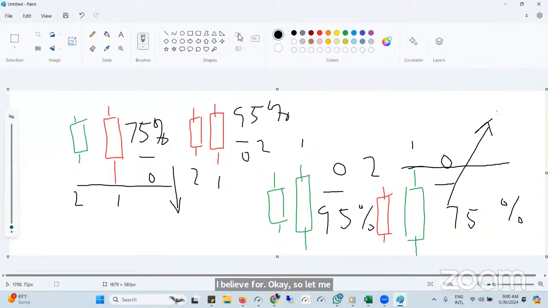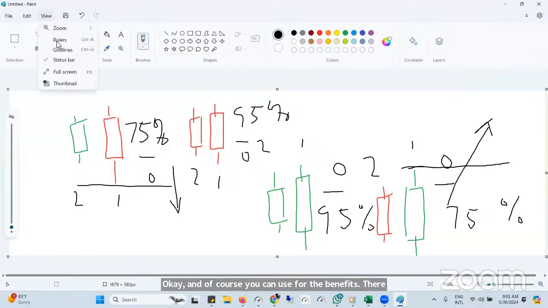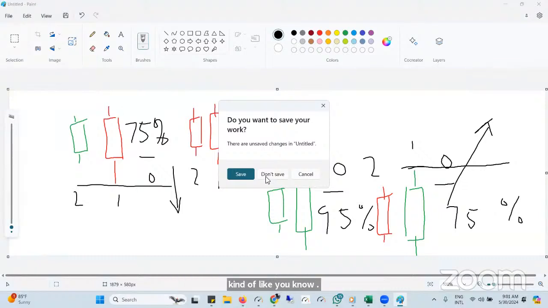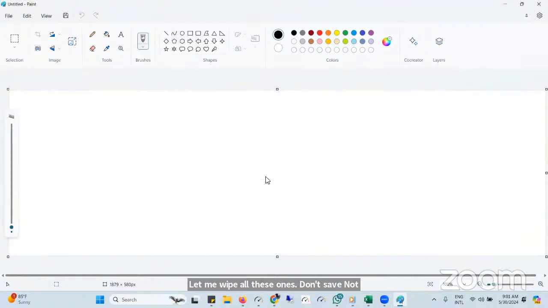Let me wipe the screen. I hope you understand this one. If you are interested, you can just grab this screen right now and use it for your benefit. Then you can go to the next one. Let me wipe all these. Now, the next one I want to show you is one of the most powerful ones.